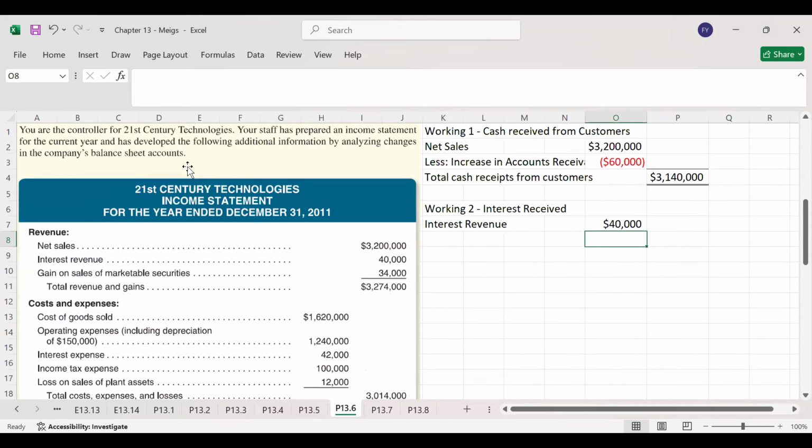So this means that if there's any decrease in the accrued interest, in simple words you can say that a portion of interest income has been collected. So to calculate the actual interest income, we simply add this amount here. We are going to add any decrease in accrued interest receivable.